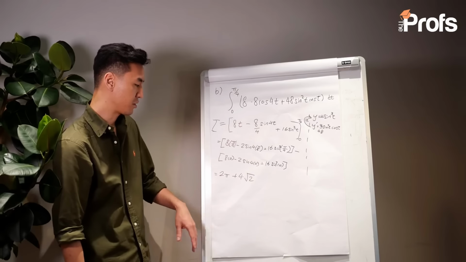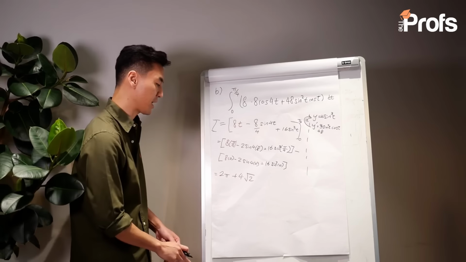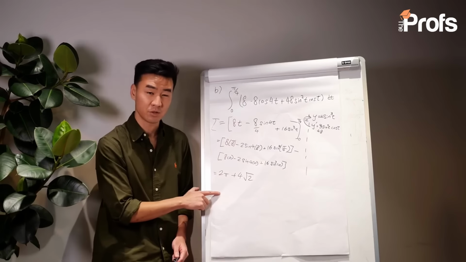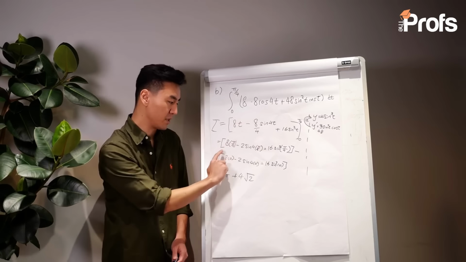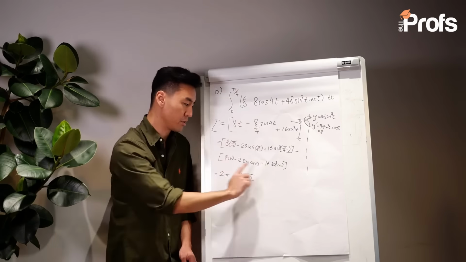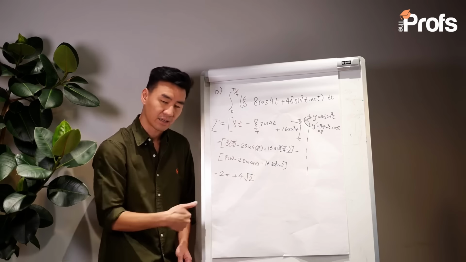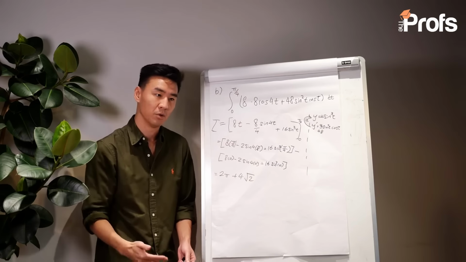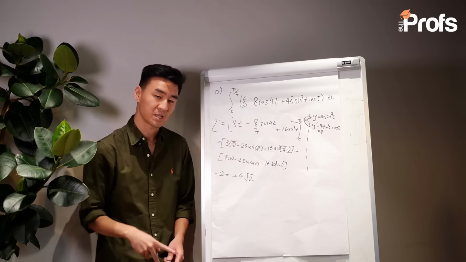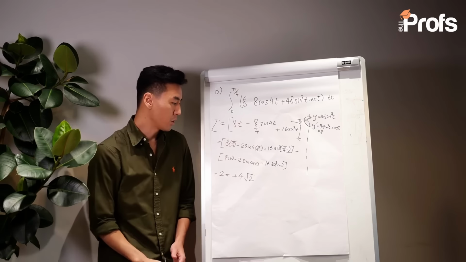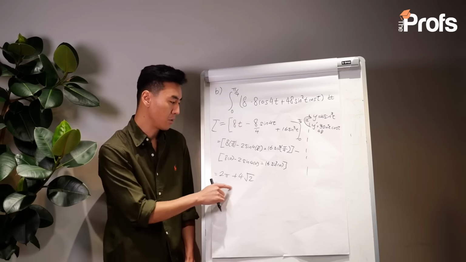The question asks us to express it as an exact value. This is exact. Another common mistake that students make is to do all of this in the calculator, write this very long equation in the calculator, and the calculator ends up giving them a decimal. A decimal is not exact, especially when it's recurring. So to leave it in an exact way, this is the way to do it.